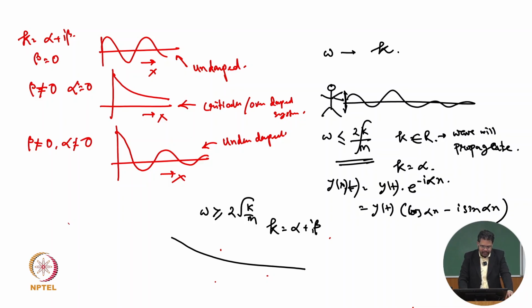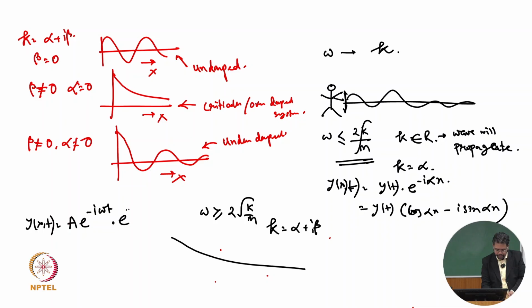Another very interesting point: once we start solving the full thing, what was our assumed solution? Y of x comma t equal to... Agreed? That was my assumed solution.